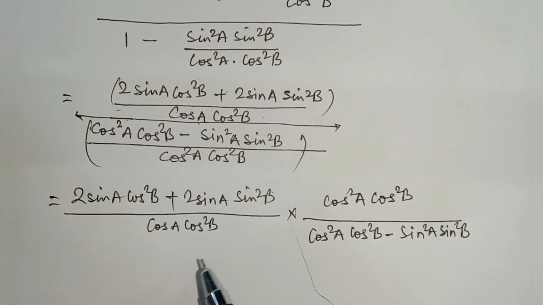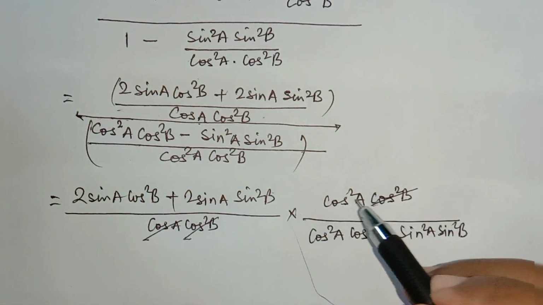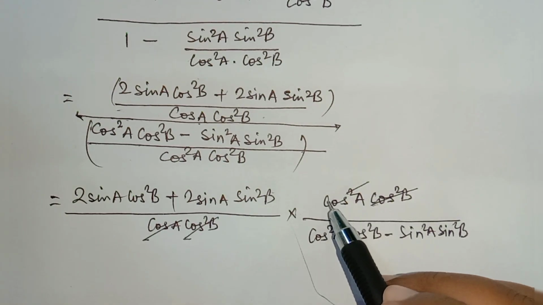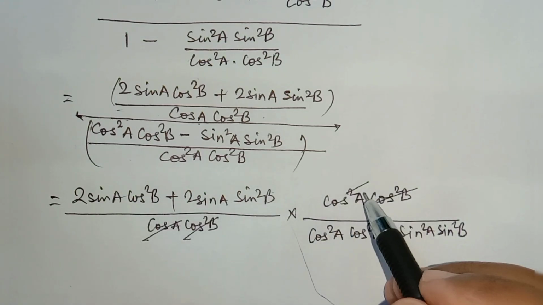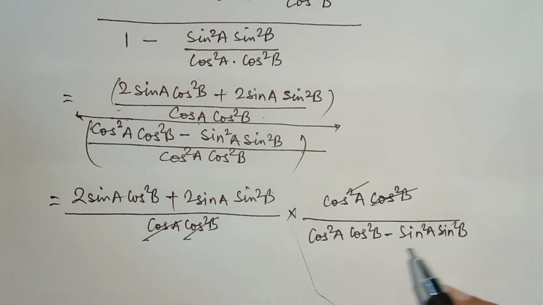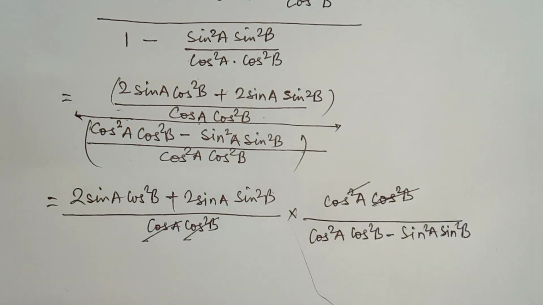Now here we can cancel cos square B with cos square B, and cos A cancels with the square of this cos square A. Now cos A is remaining here, and this will multiply this total term, and in the denominator we have cos square B minus sin square A sin square B. Dear friends, from here I am going to change this sin square A in terms of cos square A in the next step.